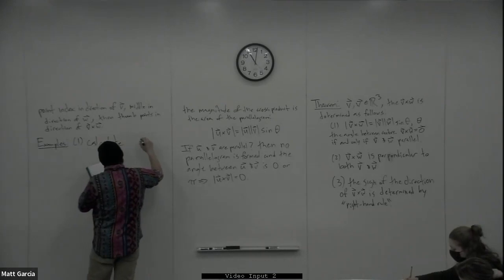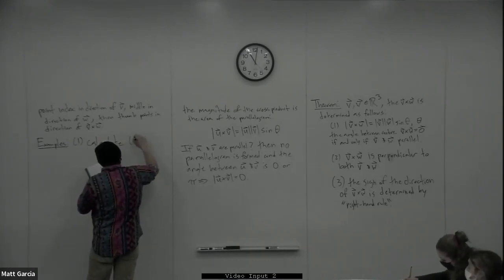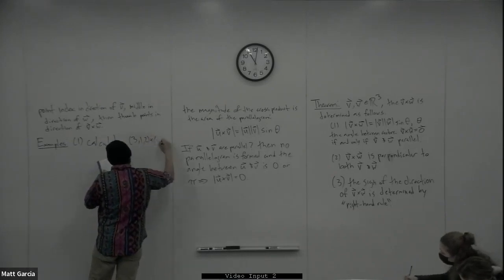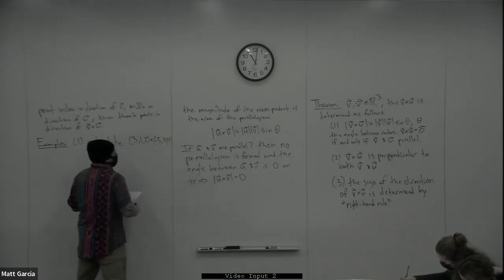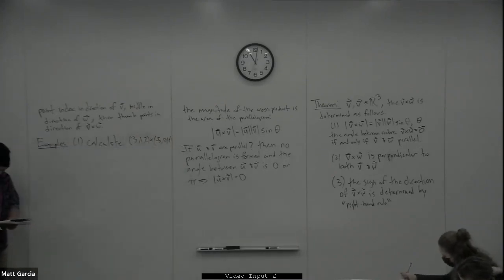Calculate (3, 1, 2) cross (-5, 0, 4). Just take a minute and make that calculation for me.